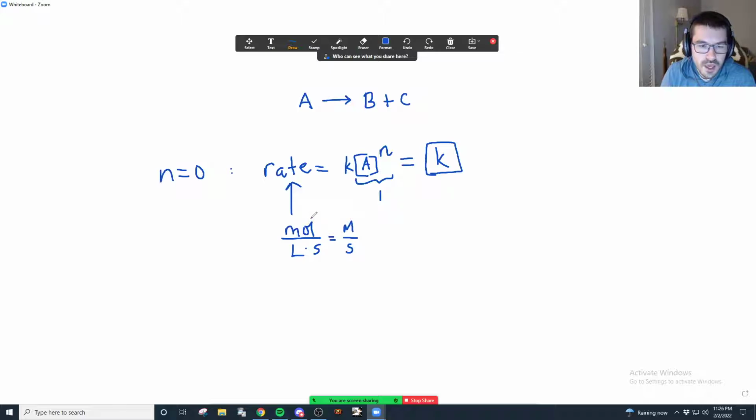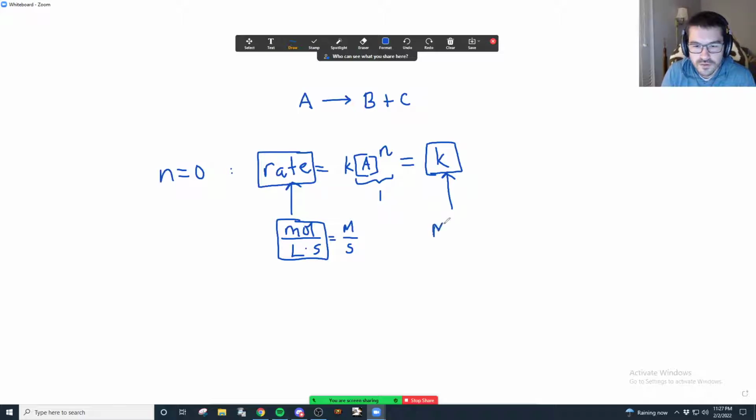So look at this. If the rate has to have these units, and the rate is simply equal to K, then that means this rate constant K has to have those exact units.